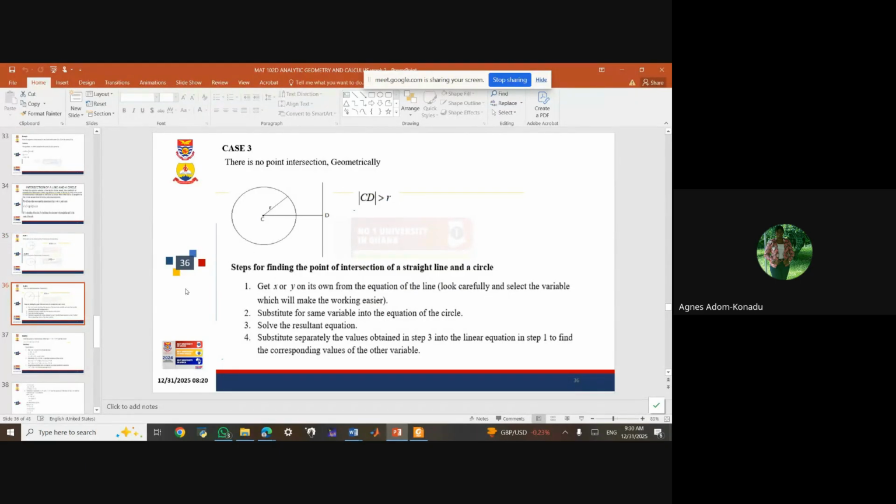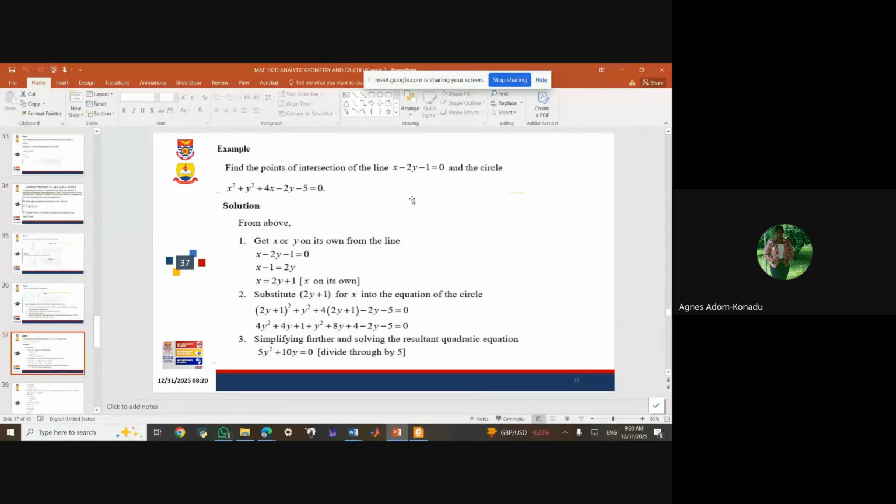Then these are the steps. I have to express one variable in terms of the other. Looking at this, I can express x in terms of the other, so I'll make x the subject.